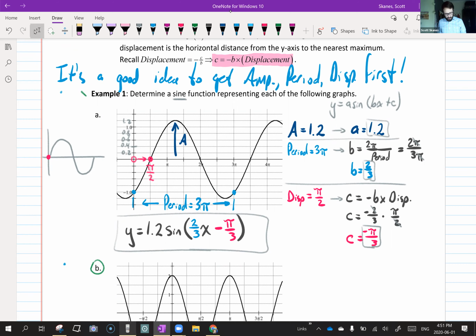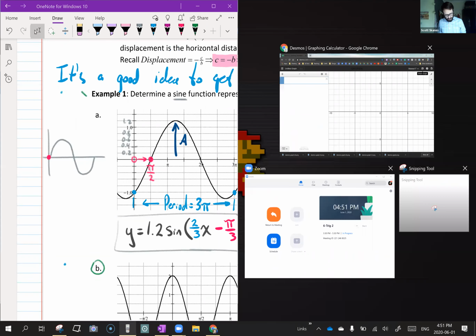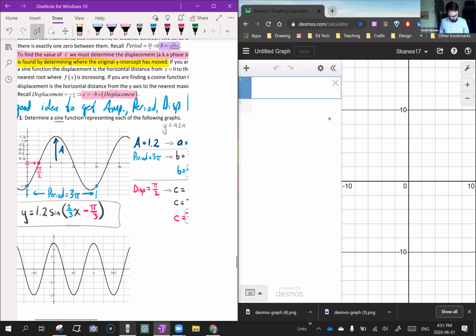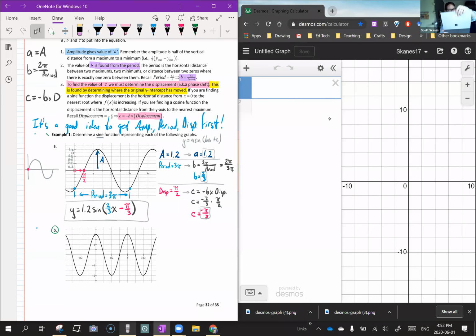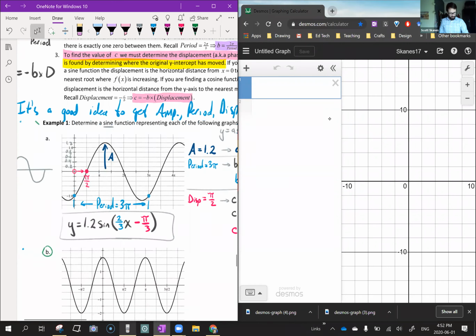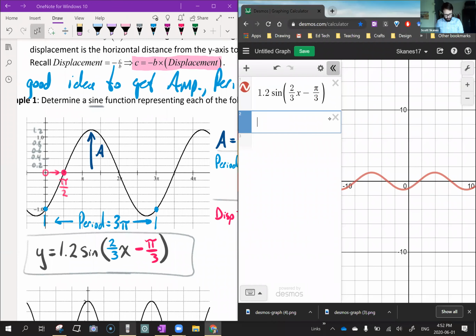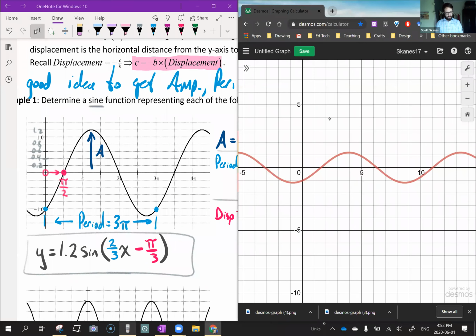So I'm going to just quickly check my answer on trusty old Desmos here. So let's see if my answer looks like this. Okay, 1.2 sine of 2 over 3 x minus pi over 3. Now, does this look the same?